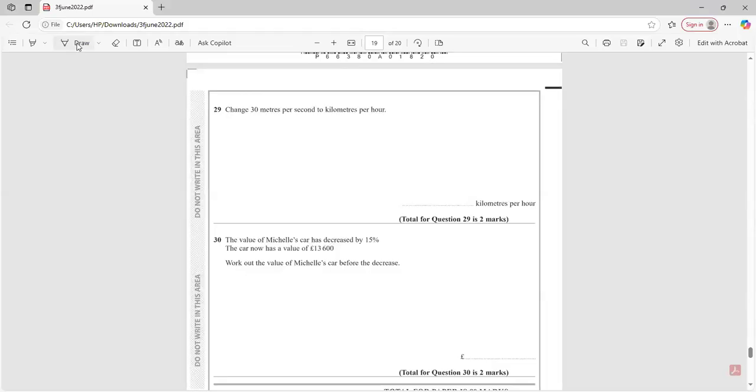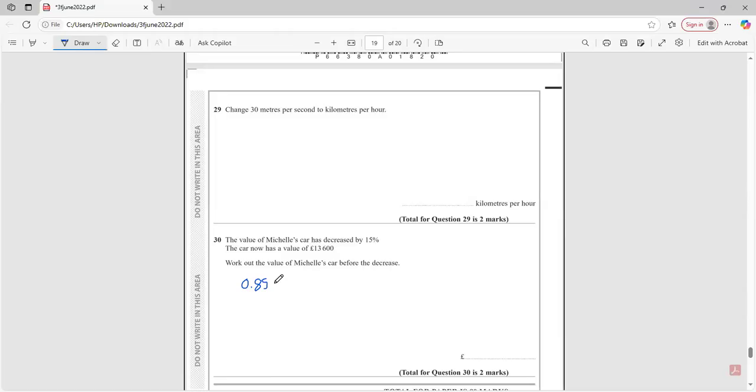The first thing I'll do is to subtract 15 from 100%, and I think that should be 85. Okay, so 85% is 0.85. Okay, 0.85 of the original price.